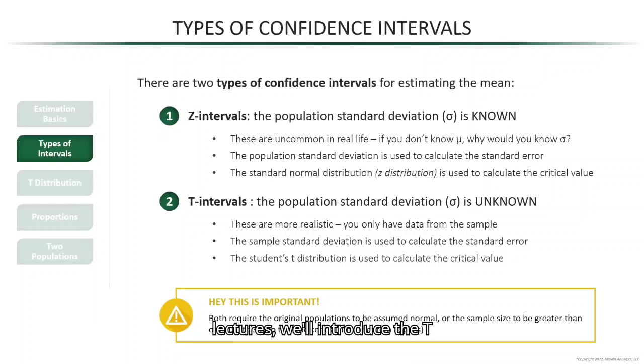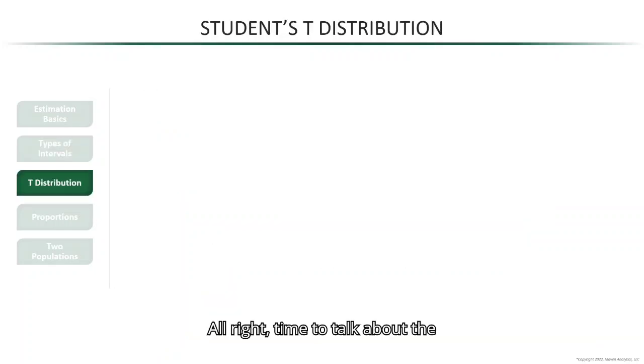So in the next few lectures, we'll introduce the t-distribution and then calculate confidence intervals with an unknown population standard deviation. Alright, time to talk about the student's t-distribution, which you'll find is refreshingly straightforward.